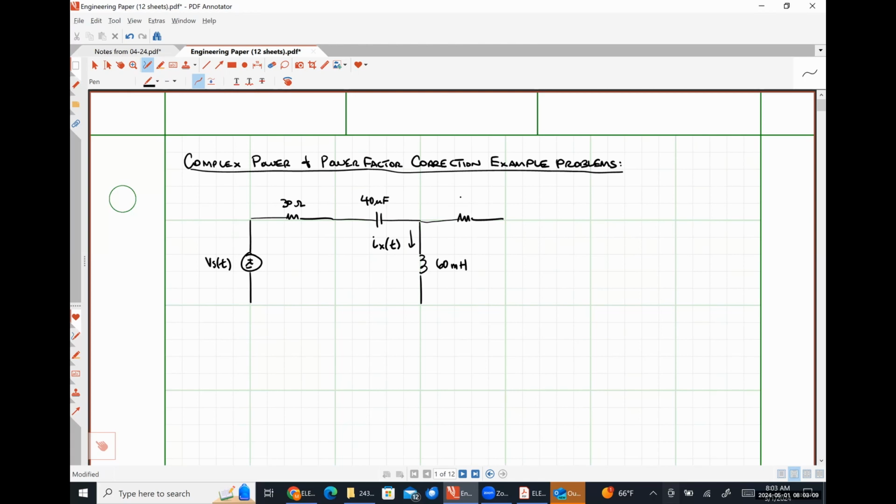Over here, we have a 20 ohm resistance. And then here we have a current controlled voltage source.